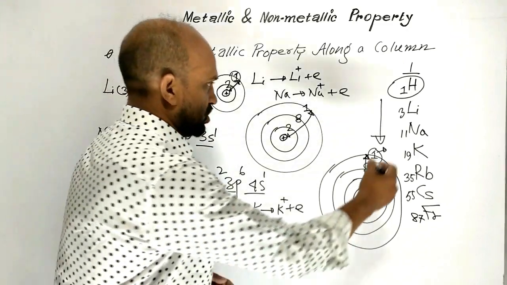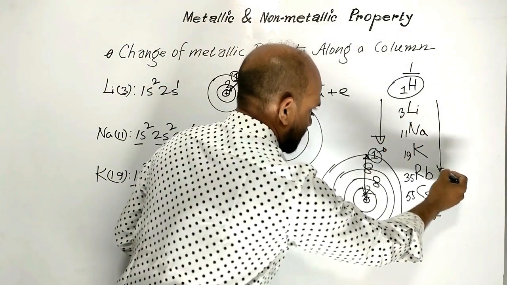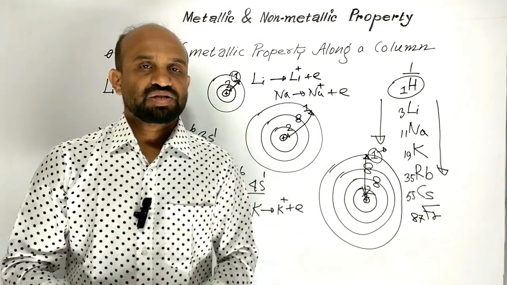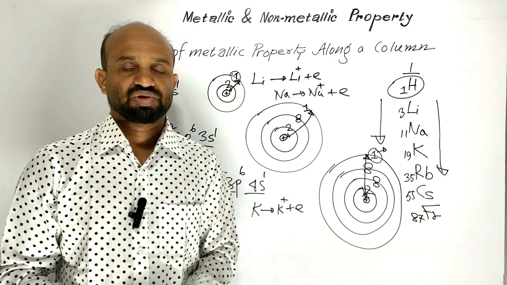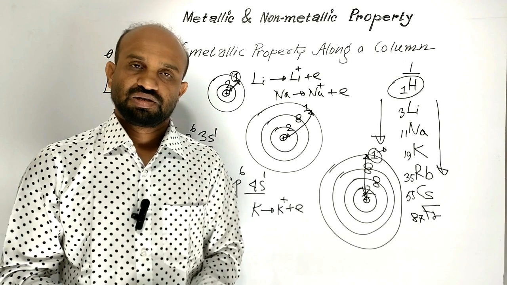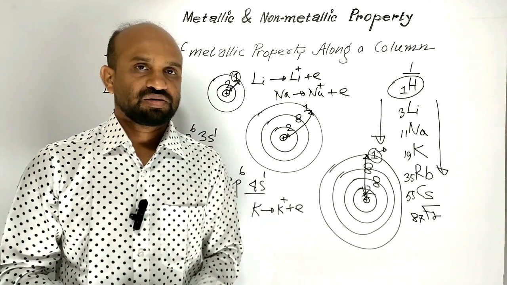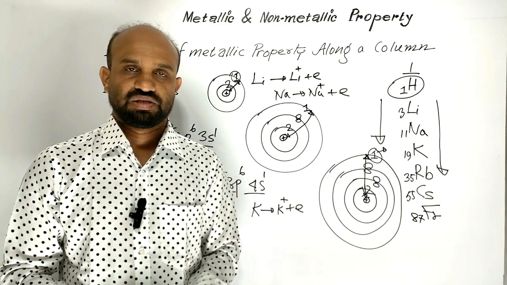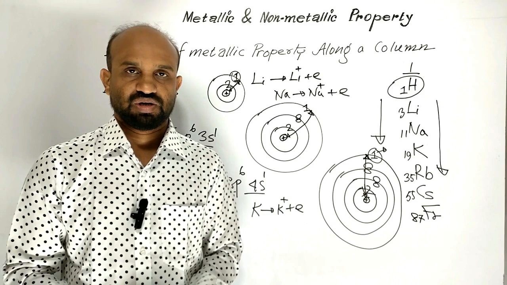As from top to bottom atomic sizes increase, the distance between nucleus and outermost shell electron increases, and as a result, from top to bottom elements can donate electrons easily from the outermost shell.